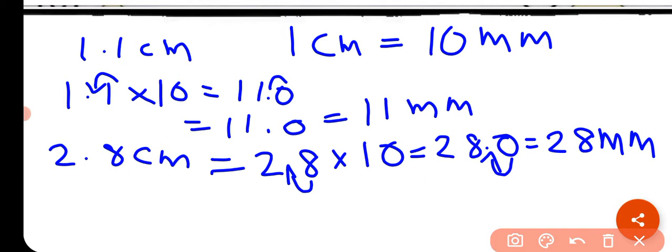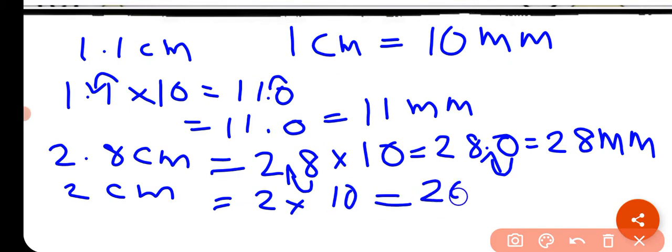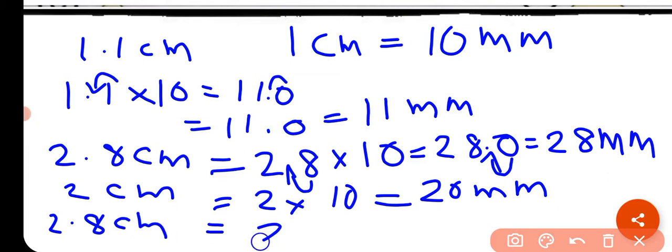Okay. Next is 2 centimeter. 2 into 10, 20 millimeter. Again next is 2.8 centimeter. We already got this, that is 28 millimeter. Okay. So here we convert each length into millimeter.